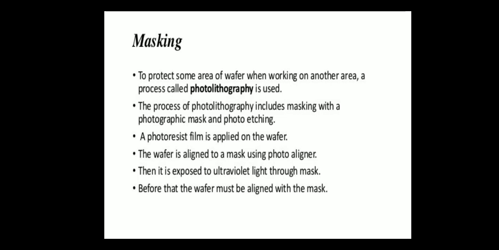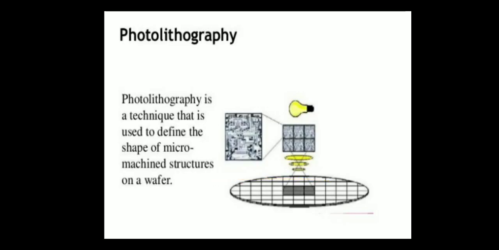The photolithographic mask involves two processes: one is the preparation of initial artwork and the other one is reduction. When the mask is prepared and exposed to ultraviolet light, the wafer must be aligned with the mask. This is the photolithographic technique, used to define the shape of micro machine structures on a wafer.